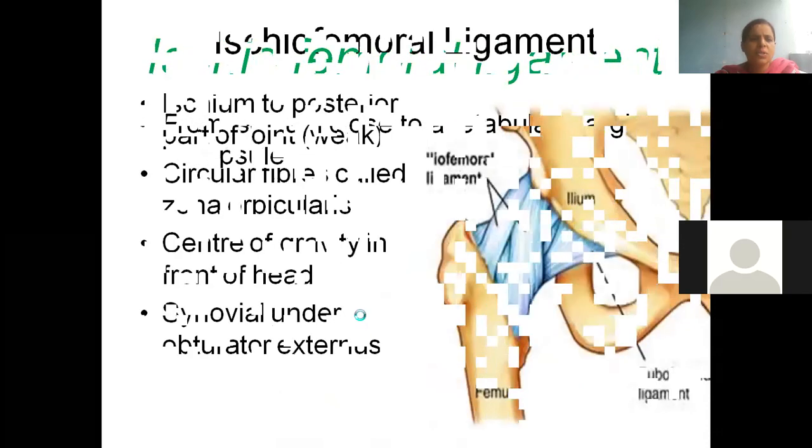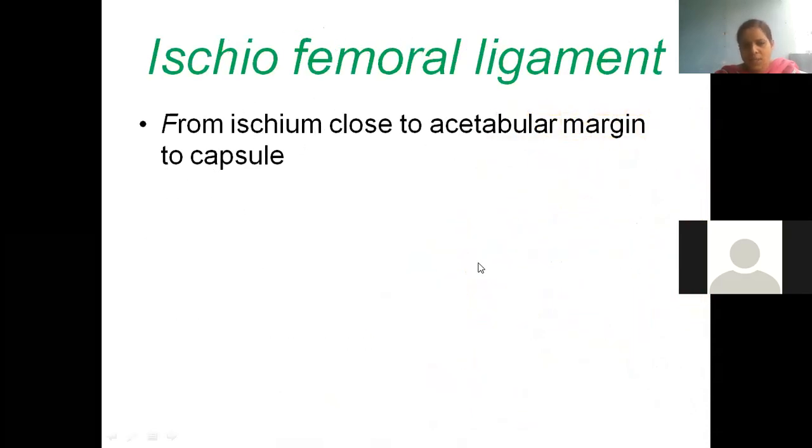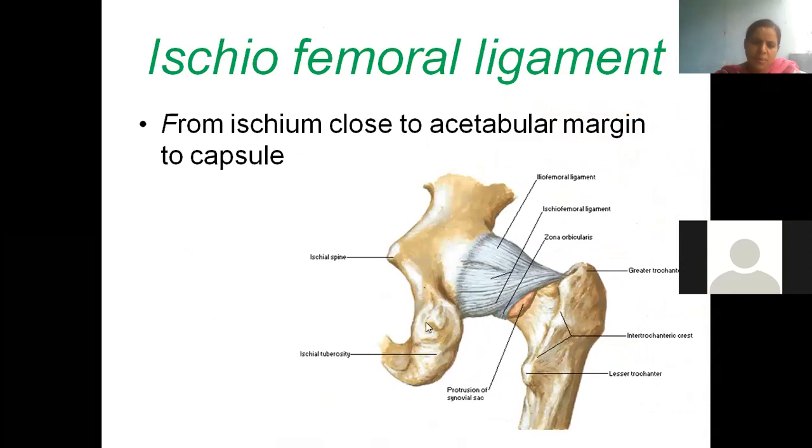Now we will see ischiofemoral ligament. So what is ischiofemoral? See, this is the posterior view of the hip bone. This is the ischial tuberosity, isn't it? And here we have the acetabulum, greater trochanter, lesser trochanter, intertrochanteric crest. Now, from the ischium, close to the acetabular margin, you are finding the ischiofemoral ligament is coming.